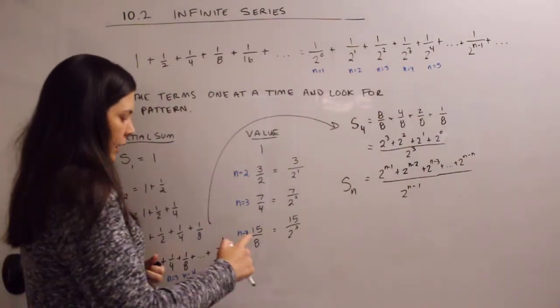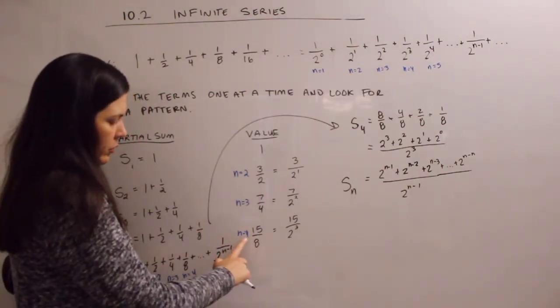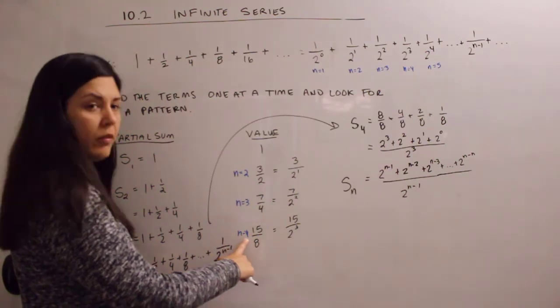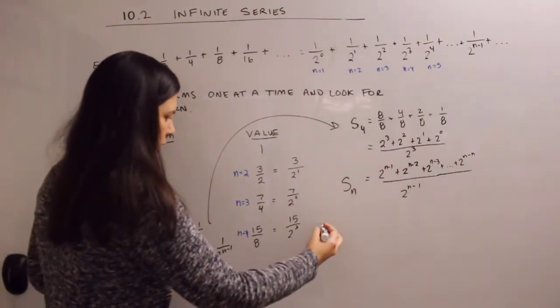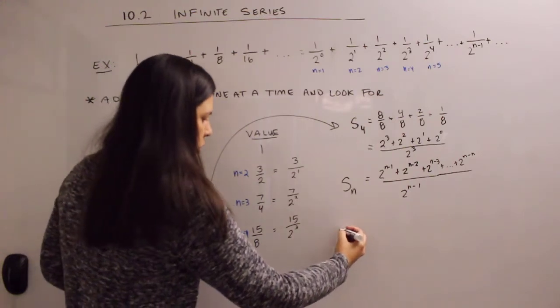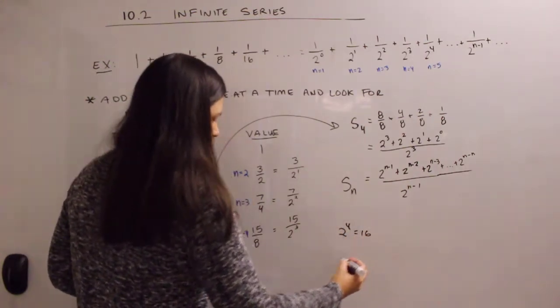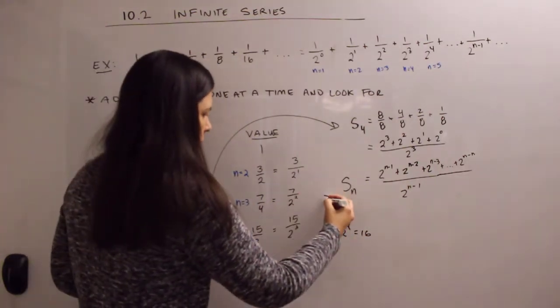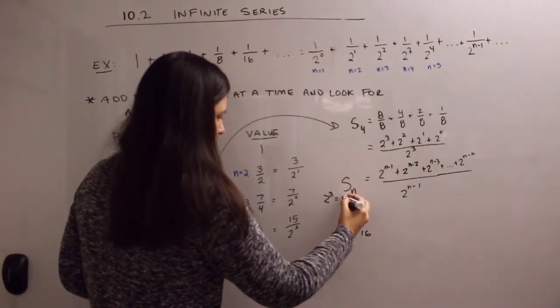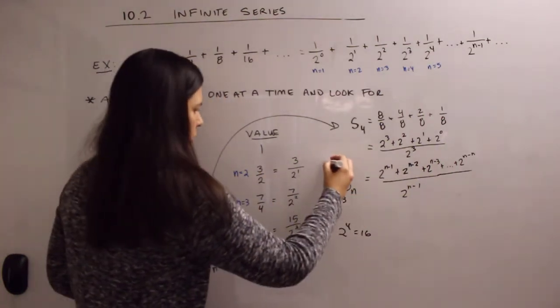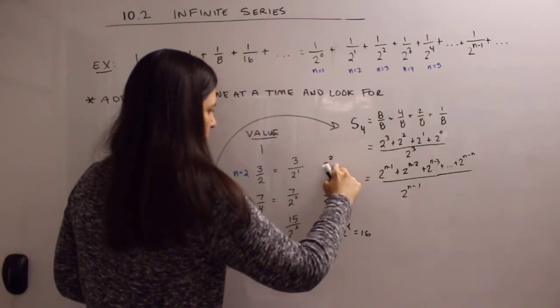So if I'm thinking about powers of 2, what's 2 to the 4th power? Okay, well, let me just make myself a note. 2 to the 4th is 16. Well, what's 2 to the 3rd power? 2 to the 3rd power is 8. What's 2 to the 2nd power? 2 to the 2nd power is 4.